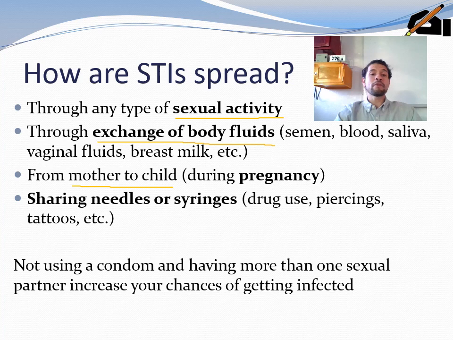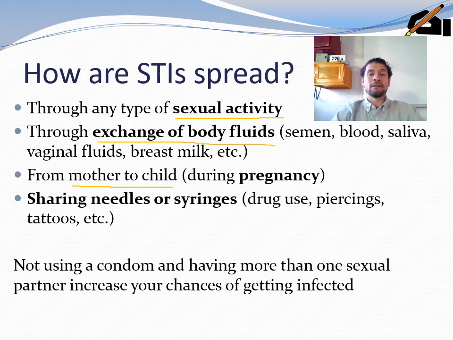Another thing is from mother to child. It can happen during pregnancy if the woman was infected before getting pregnant. Maybe she didn't know it, she got pregnant. Well, the bad thing is the baby is going to be affected by the infection, because it can affect the development of the baby.